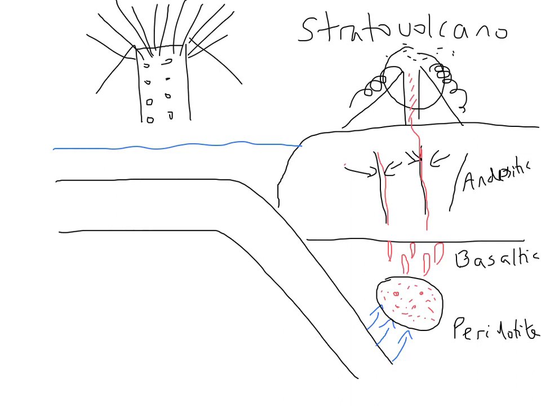An example of this type of plate boundary is the volcano of Mount St Helens, which erupted in 1980. Here, the Juan de Fuca oceanic lithosphere is being subducted underneath the North American continent.